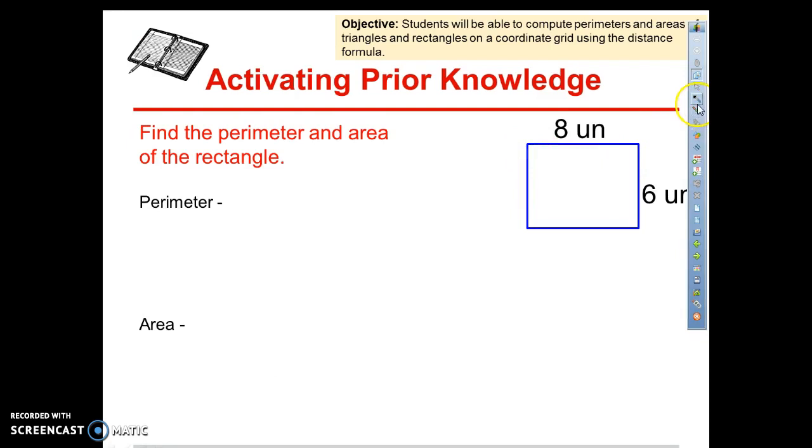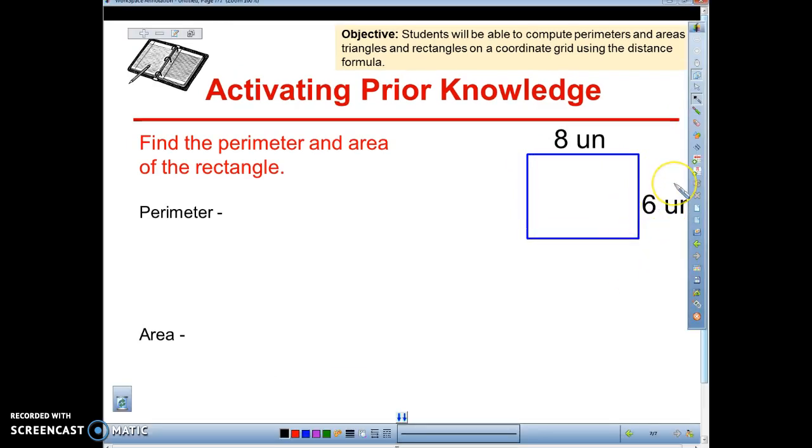So if we want to calculate the perimeter and area of this object here, we can use those formulas that we came up with. Perimeter was 2 times the length plus 2 times the width, and our length here is 8 units, so I can say 2 times 8 units plus 2 times 6 units.